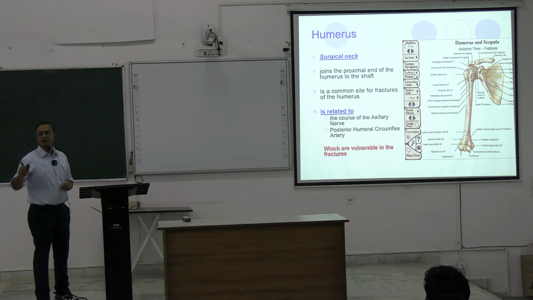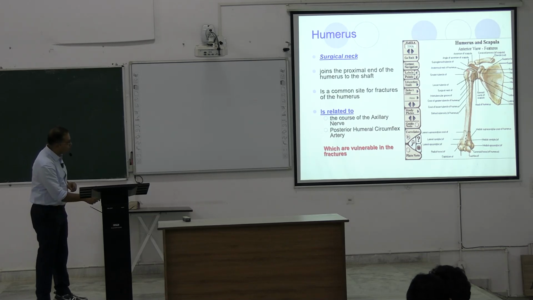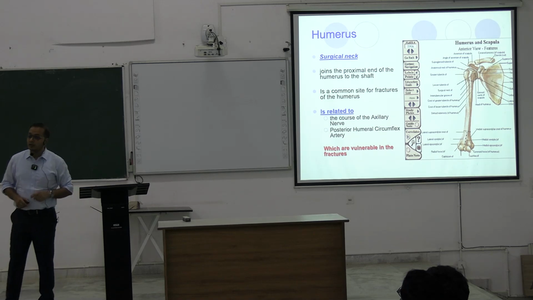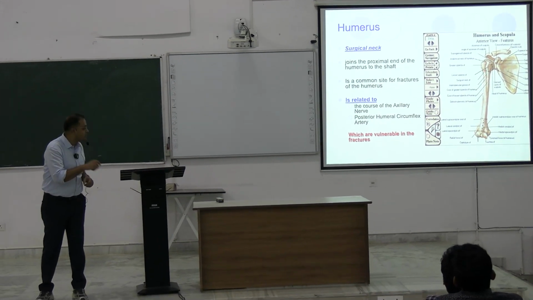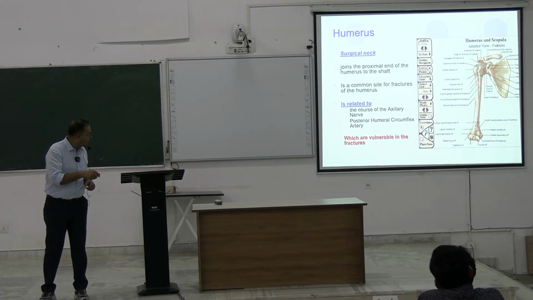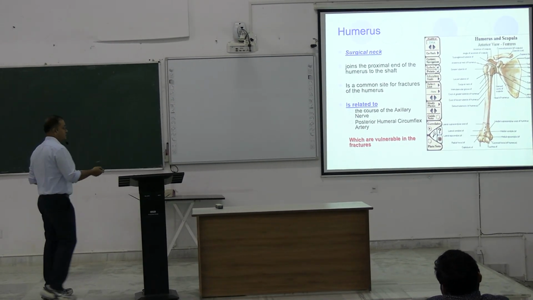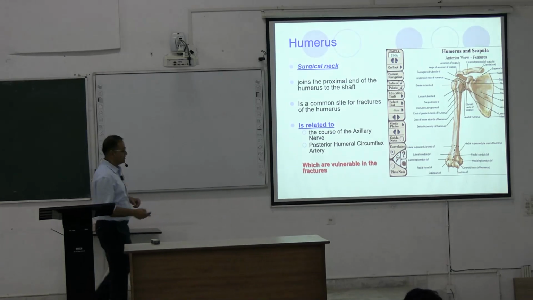Now, this is not all. This groove is overlaid by a tendon lying on it. So the tendon of biceps brachii runs on the superficial part of it, and the floor is occupied by this particular muscle, which is the lats.